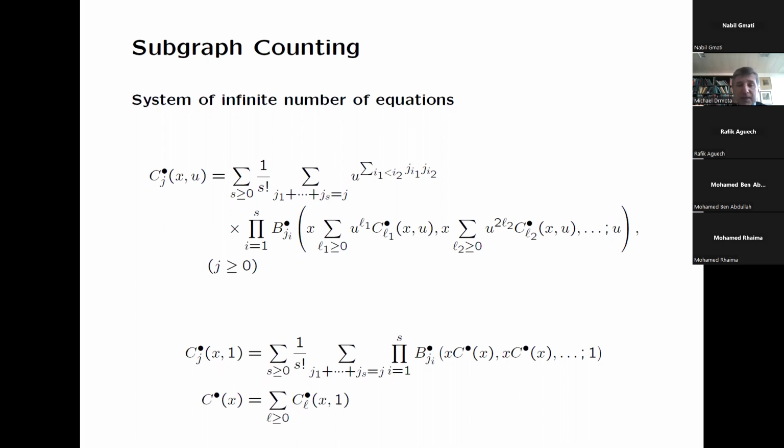The problem is that you have to find some combinatorics or recurrence relations for the generating function, where you take into account these subgraph counts. And it turns out that you cannot put this into one equation. If you put it into one equation, then we are in a very simple situation.